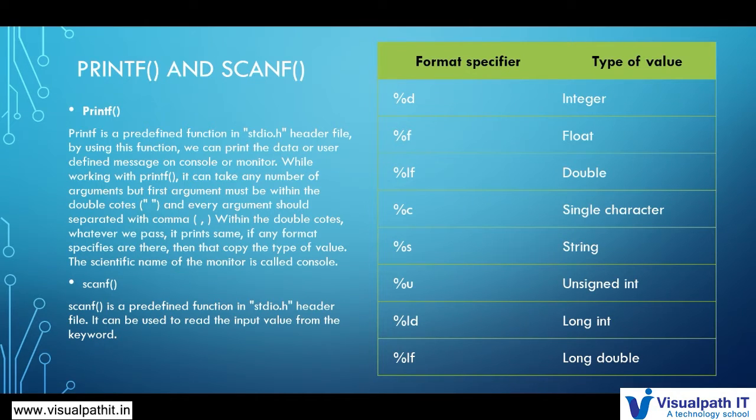For a string value, we need to specify %s. Then only the compiler will understand that you want to print that variable. Otherwise it will just bluntly print whatever you say. If you want to print the value of c, we need to specify that you want to print the integer.